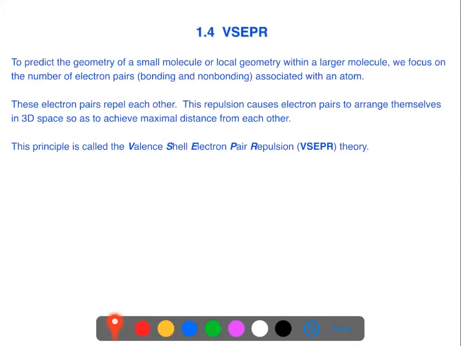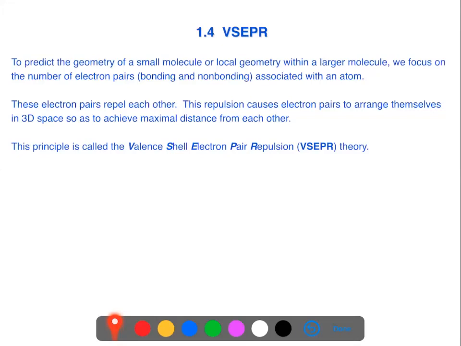If we look at not only the bonding but non-bonding electron pairs associated with an atom, we can describe or predict the general shape or geometry around central atoms. This is really the principle of the valence shell electron pair repulsion theory, or VSEPR theory.